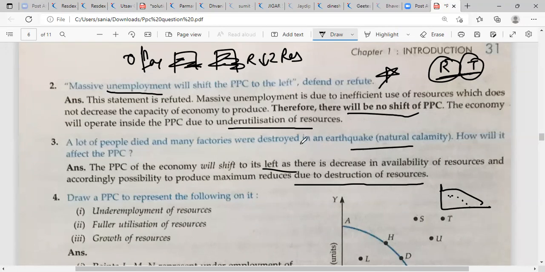You don't have to give any other reason. You just have to focus on resource and technology. Because the availability of resources is decreasing, the PPC will shift leftward. Or if there is an increase in technology and resources, then it will shift rightward. Clear? Yes, ma'am.